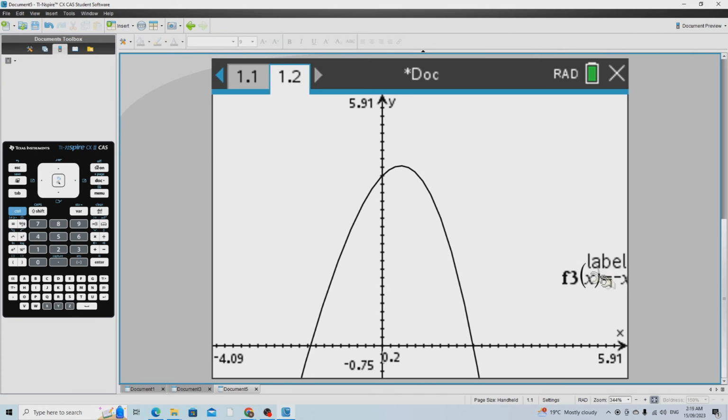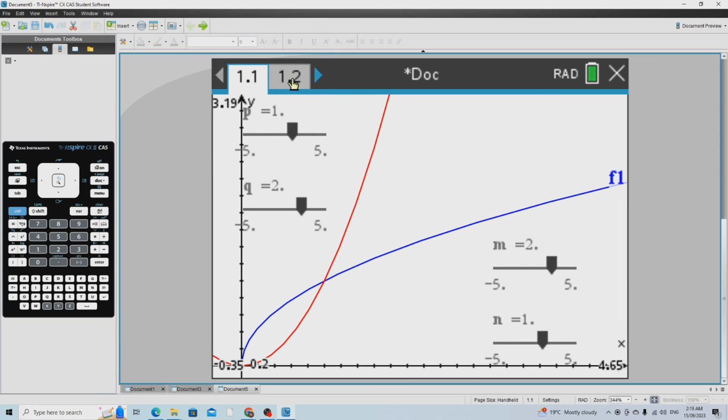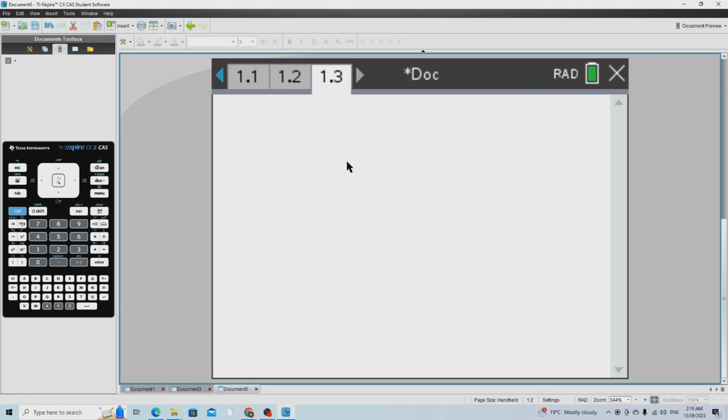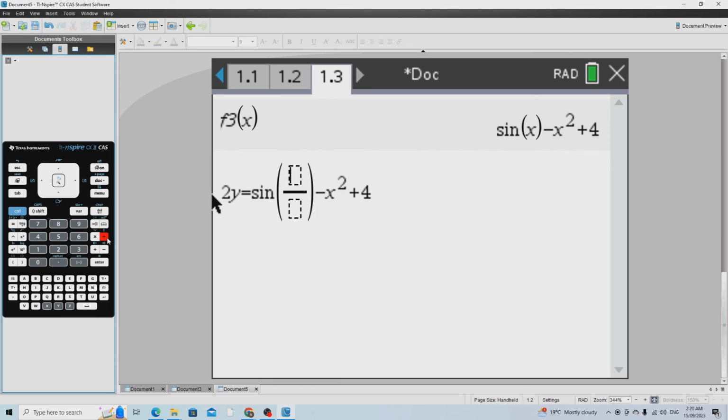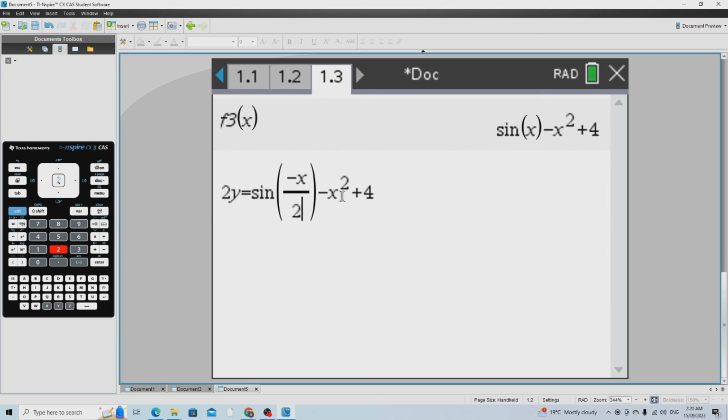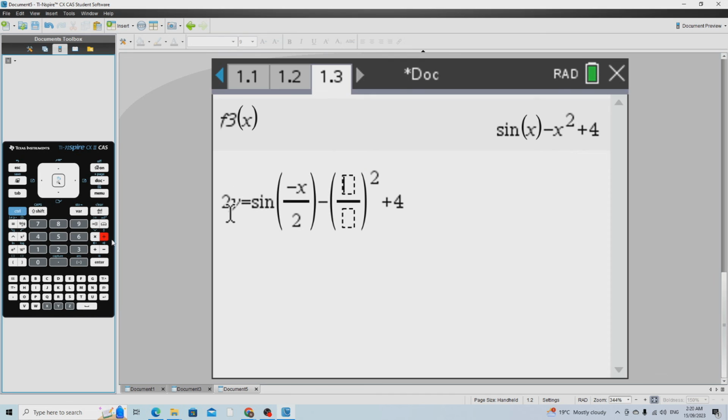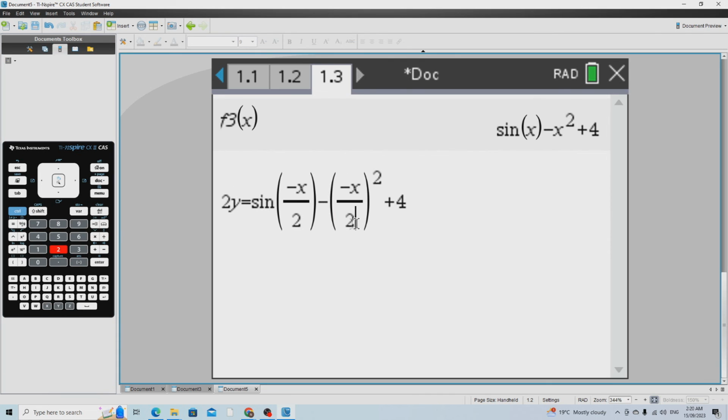Now, if we apply these transformations, for example, let's take this f. So f3 of x is this. If we applied those transformations as we did, so we said that we wanted 2y equals this function, but putting negative x over 2 here as well.